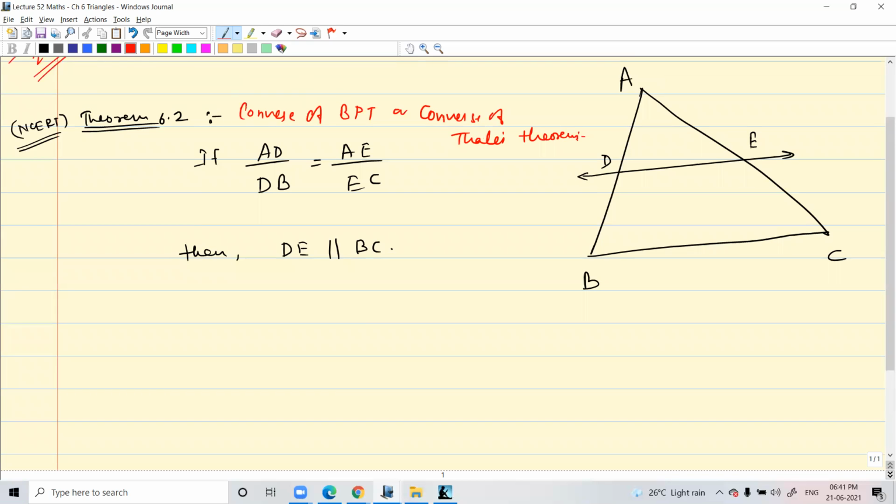So what we are going to do here as a proof is we are going to say that, okay, I know that AD by DB is equal to AE by EC, and let's say that DE is not parallel to BC. If DE is not parallel, then can we construct some line which is actually parallel to BC? So let's do that construction.